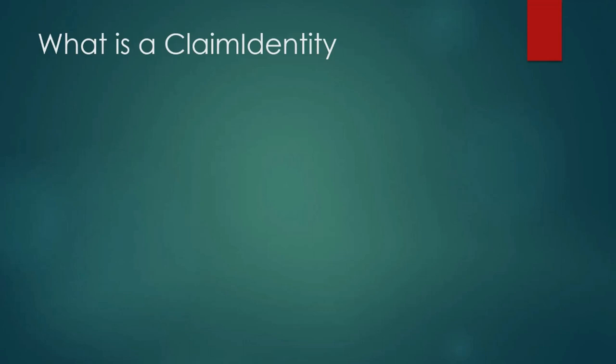So the next term that we need to understand is a claims identity. We have defined a claim as a piece of information about the user. So what is a claims identity? A claims identity is a collection of claims.